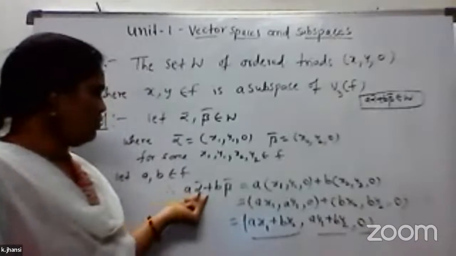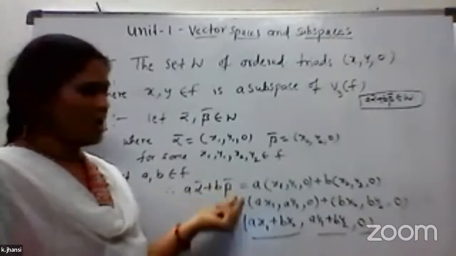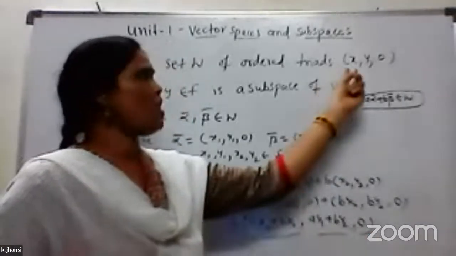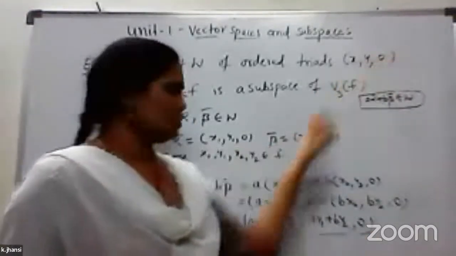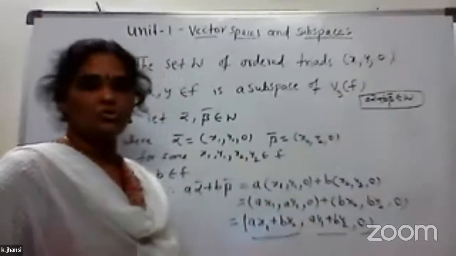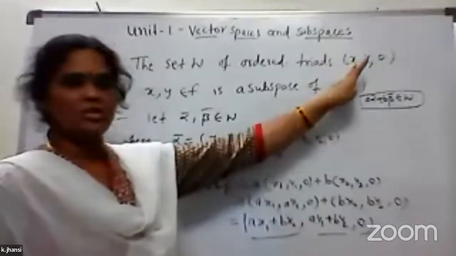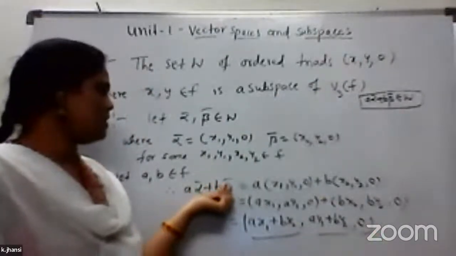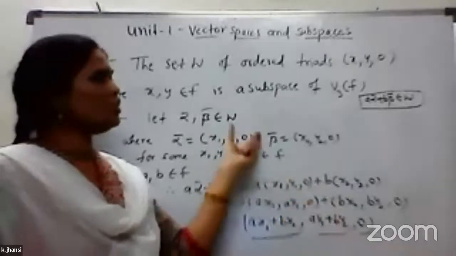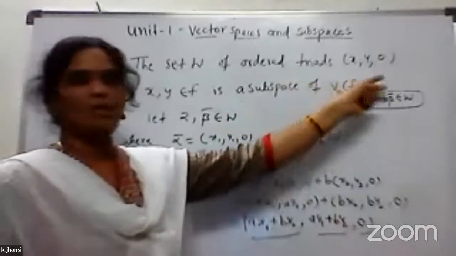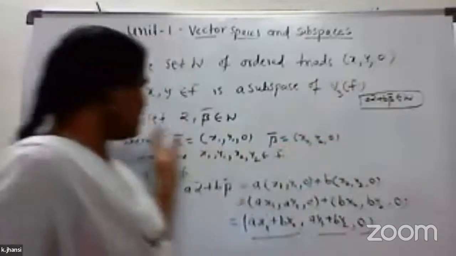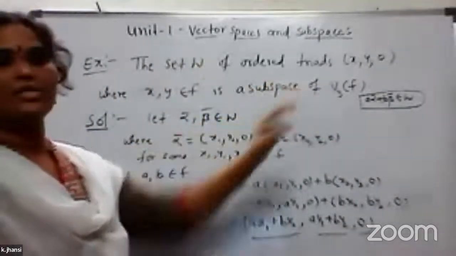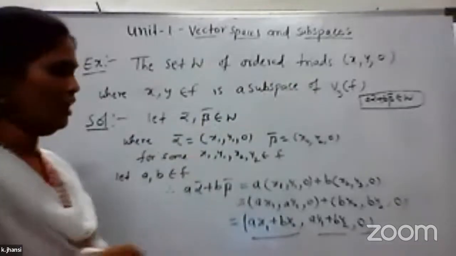When you do a into alpha bar plus b into beta bar, the resultant is in the form of x comma y comma 0, so it belongs to W. Therefore a alpha bar plus b beta bar belongs to W, so W is a subspace of V3 of F. Like this you have to do the proof for any given problem to show that it is a subspace of the vector space.